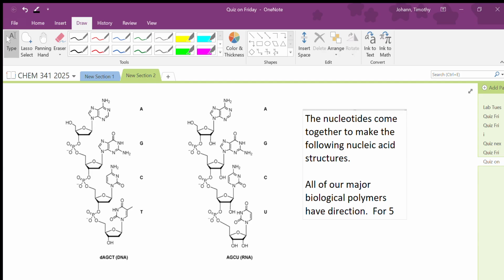We talk about the 5' and 3' ends. All right, so if we look at this structure right here, for both of these, it's not that it's the top, it's the 5' end and the 3' end for both of these.